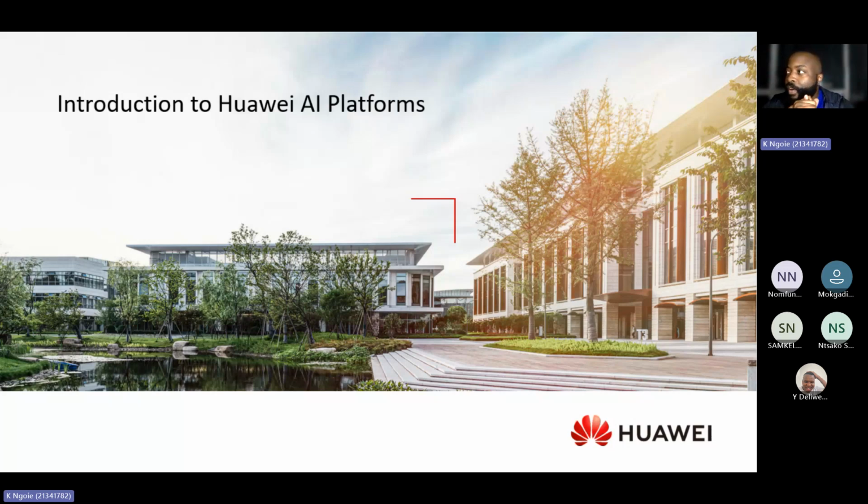Samkelo, can you help me? What are the 4 elements of AI? It's algorithm, application scenario, data, and computing power. Yes. So it was data that was missing.